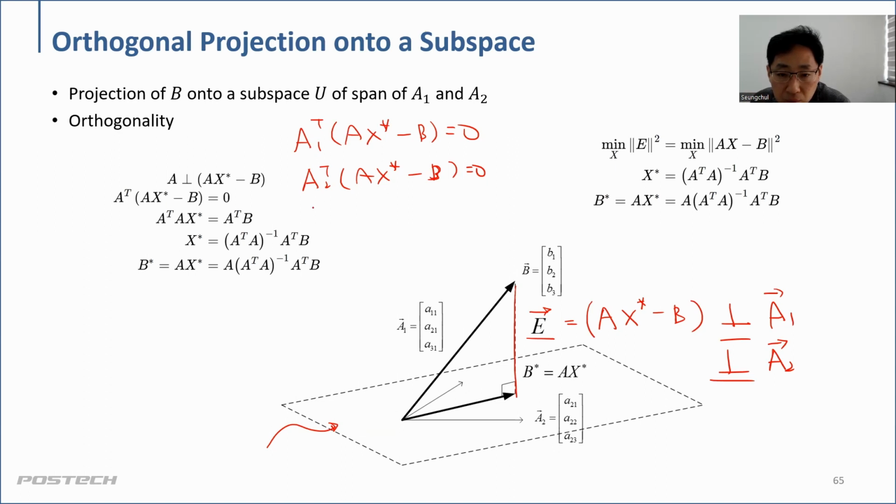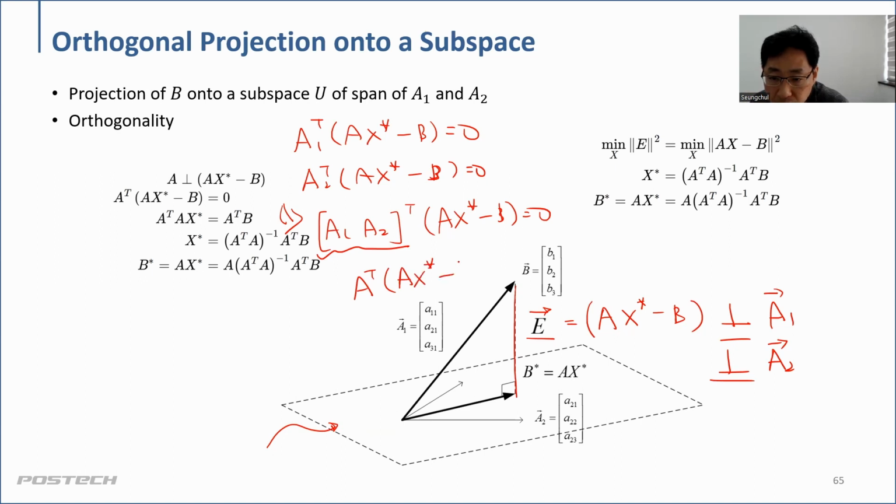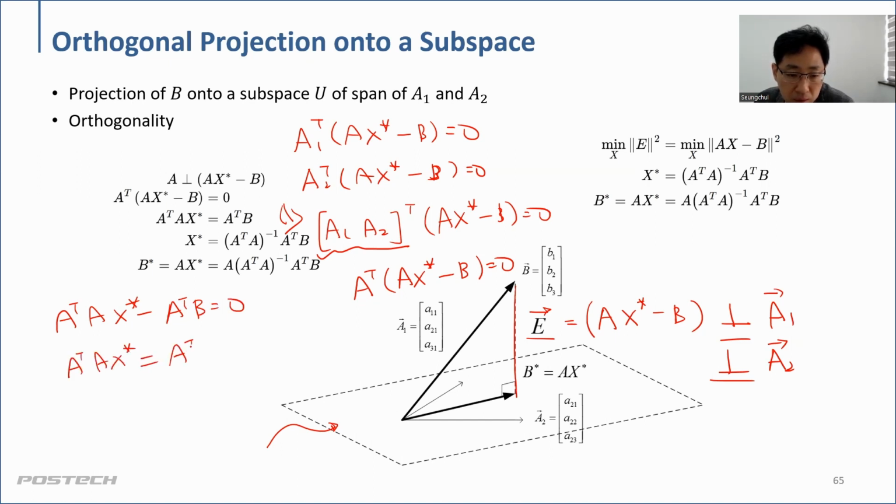Here we can combine them into this matrix A. Now A transpose A x star minus A transpose b equals zero, so x star equals A transpose A inverse A transpose b.